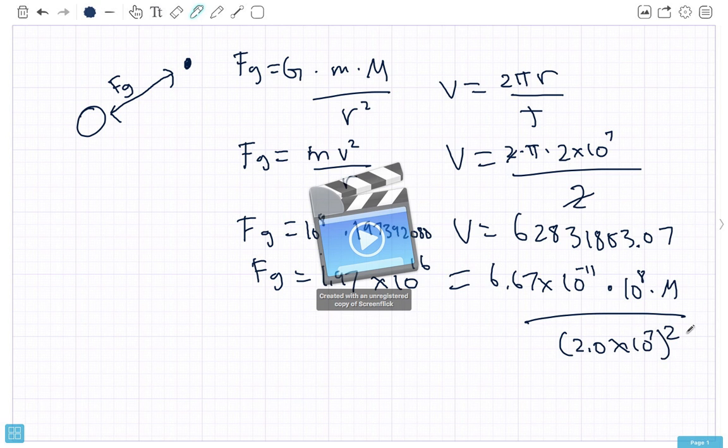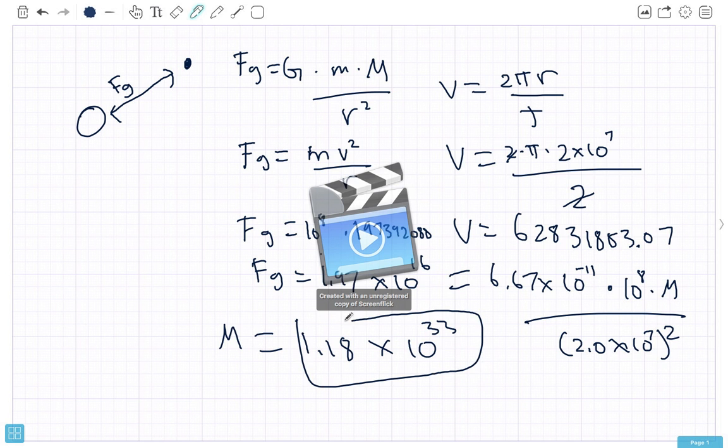So let's do this thing times 2 times 10 power 7 squared divided by 6.67 times 10 power negative 11, then divide all that by 10 power 8, and we get big M of 1.18 times 10 power 33. That actually seems kind of big, so I might have made an arithmetic error somewhere.